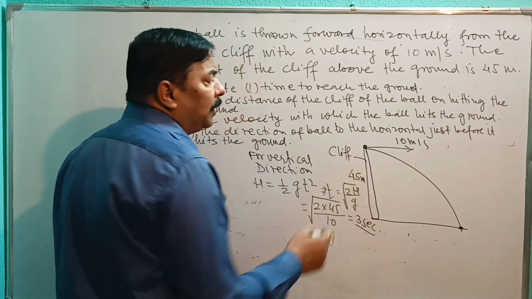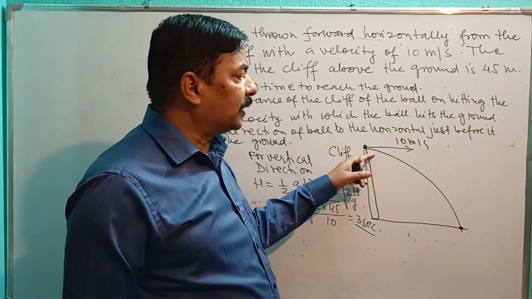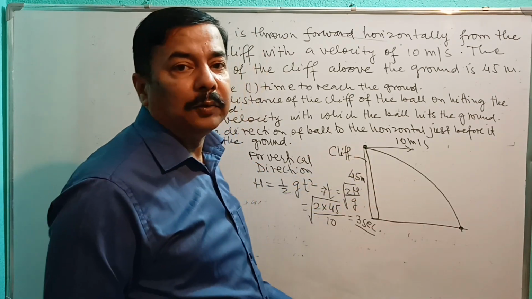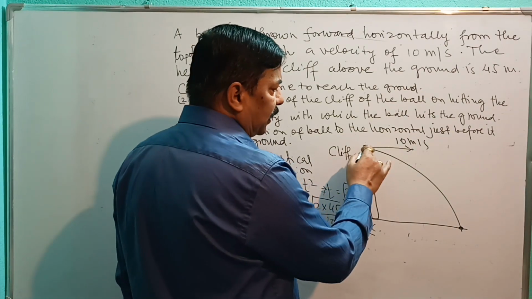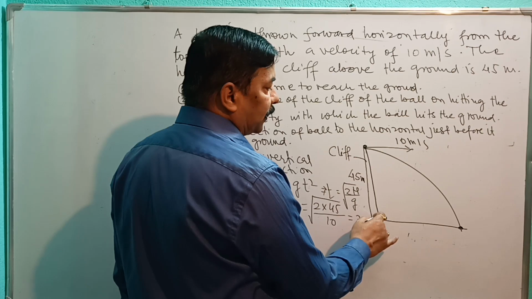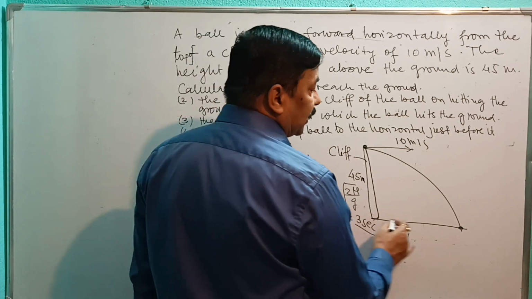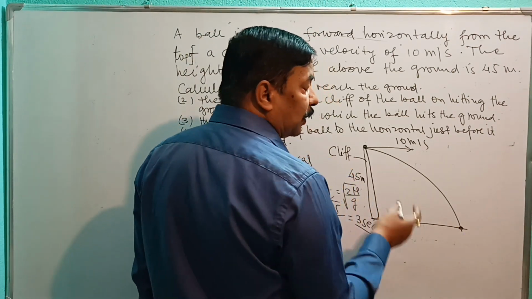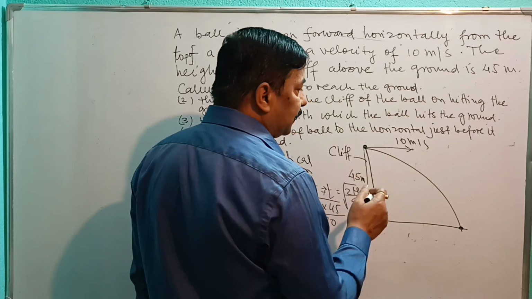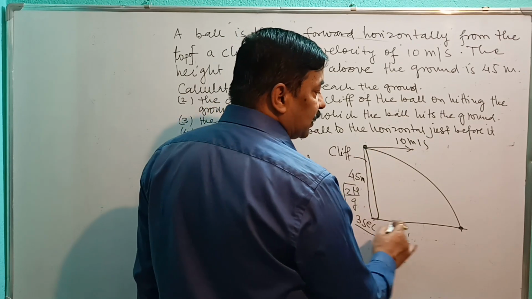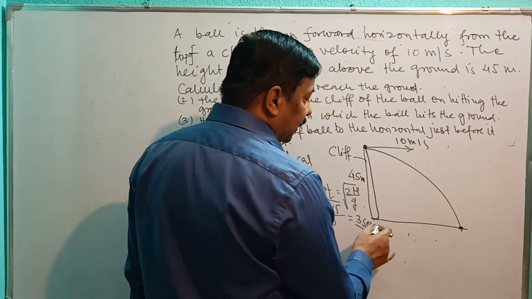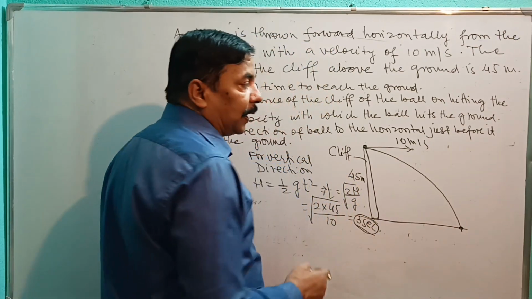So this ball will take 3 second time to reach the ground. See, in 3 seconds, it has covered a vertical distance of 45 meter and horizontal distance this much. What is the common factor? Common factor is time. This is the vertical distance it has covered and this is the horizontal distance it has covered, in the time 3 seconds.